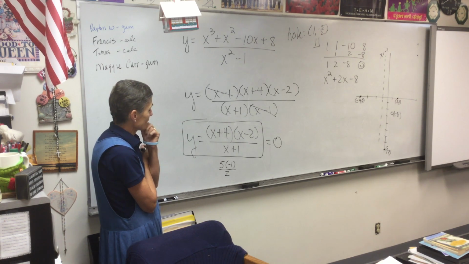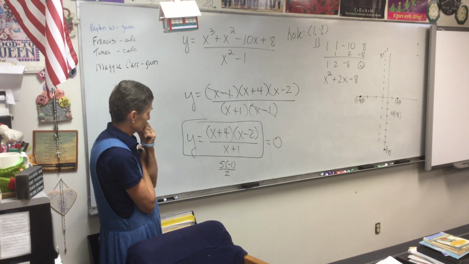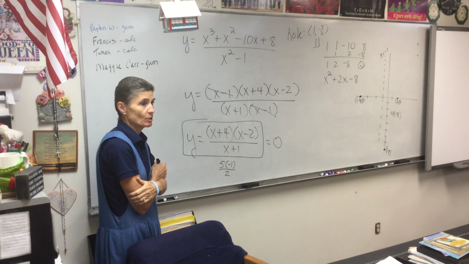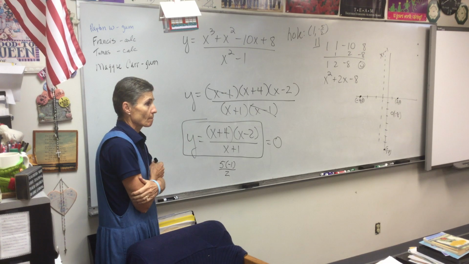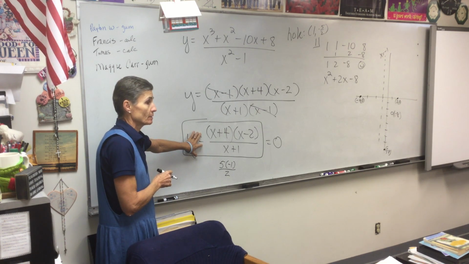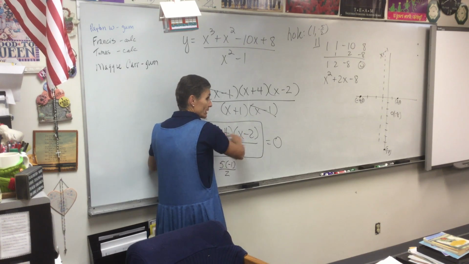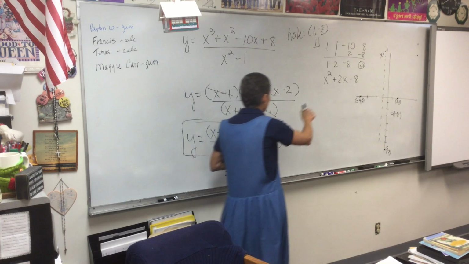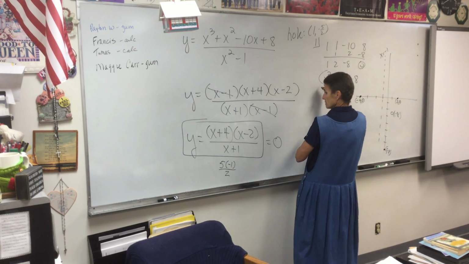Well, I guess I need to do my slant asymptote now. And how am I going to find my slant asymptote? I'm going to do this division right here. But that has to be FOILed out. I can't do it in factored form, so that was this, remember, wasn't it? Yeah.